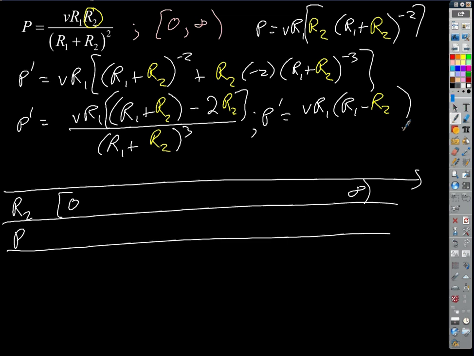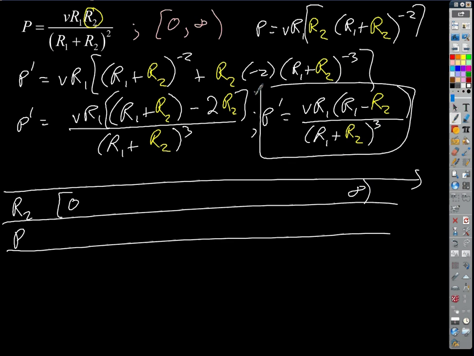Right, if we just subtract, then we get plus 1 minus 2 of those. And then on the bottom, we've got R1 plus R2 cubed. So there's our derivative. Okay, what do we need to do with the derivative? Critical numbers. Okay? Okay, where do I find critical numbers? Zero or undefined.